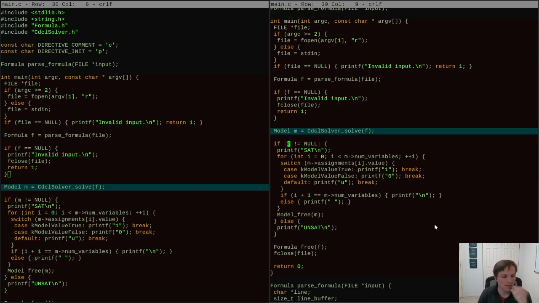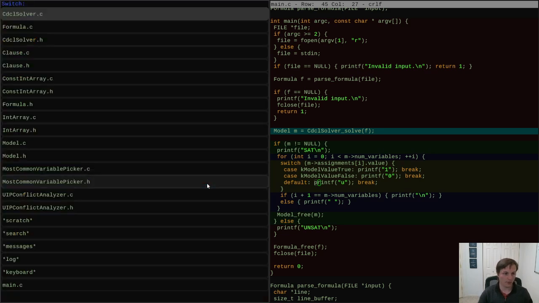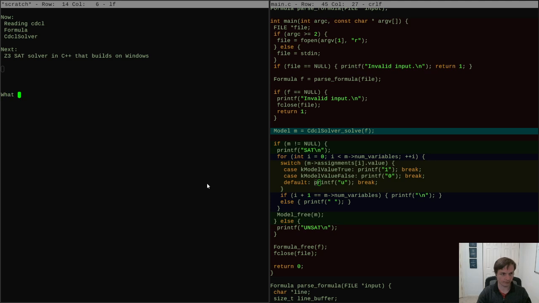Oh, there might be people watching who don't know what SAT means. I was going to try to not spend a lot of time filling in stuff I don't know, but I do know at least what SAT is. So for anyone who's watching who's like, what are we talking about? What's a SAT solver? SAT is the problem where we have a Boolean formula, we have a bunch of Boolean variables, right?